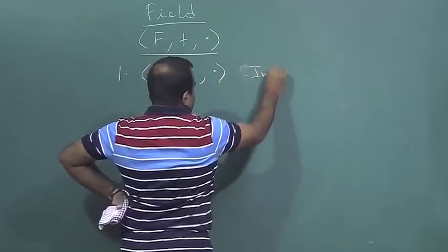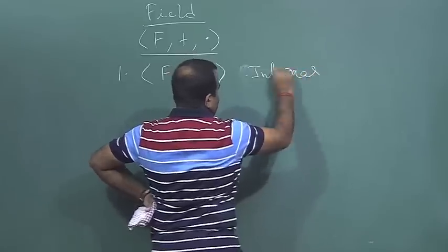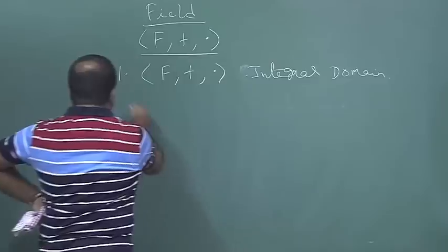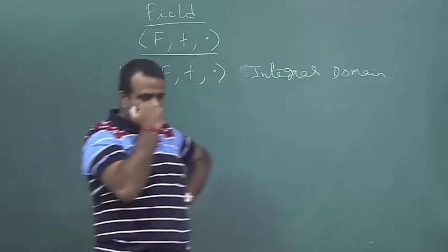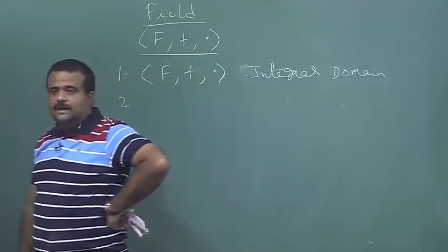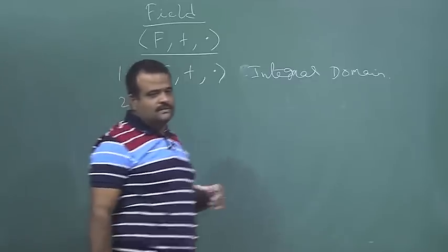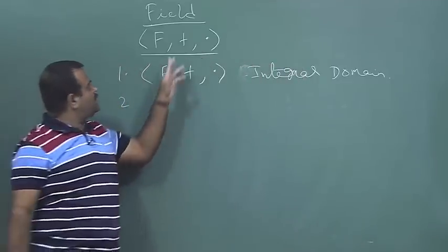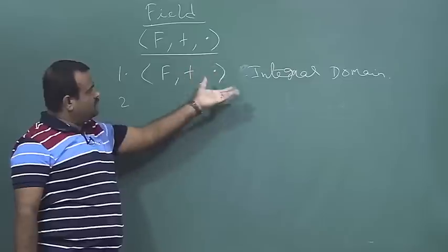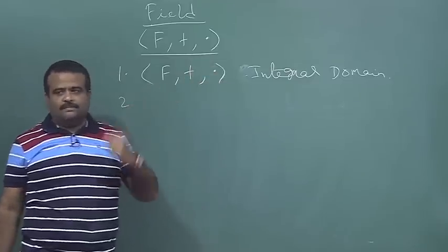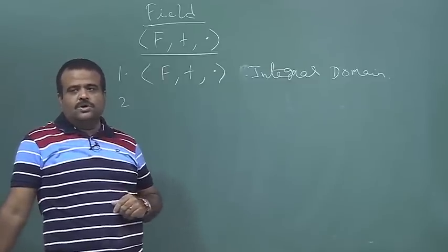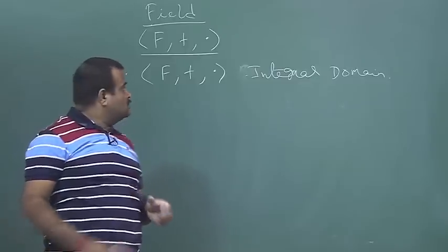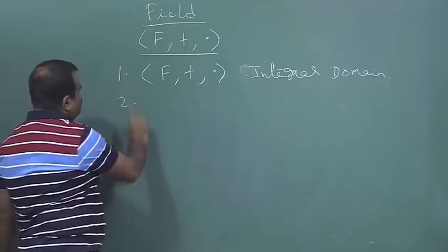And every element should have an inverse under the multiplication. We know every element has an inverse under plus, so under plus it is an abelian group. Since it is an abelian group, every element has an inverse. We want the inverse also under this dot.